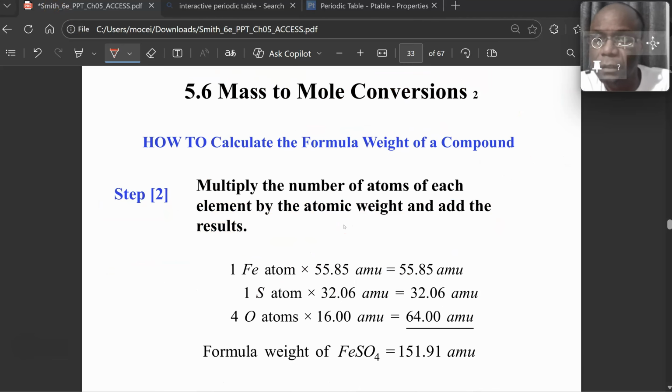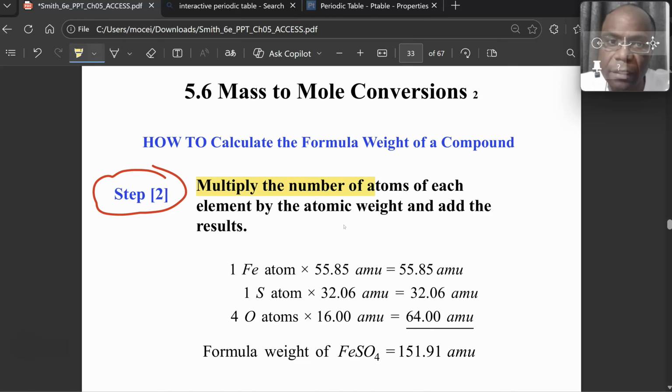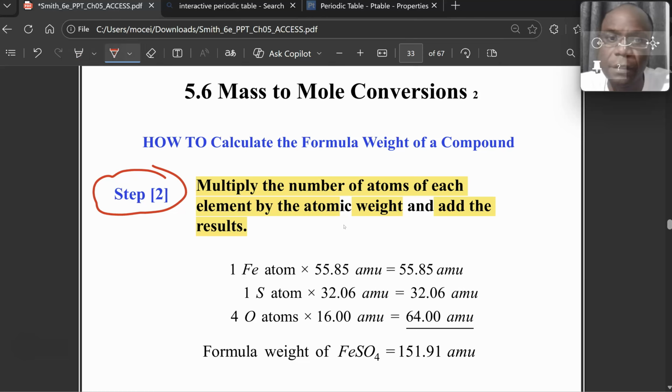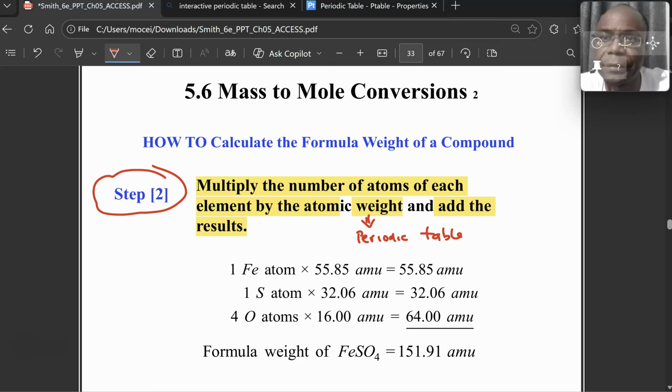Okay. The second step wants us to multiply the number of atoms of each element by the atomic weight found in the periodic table and add the results. This atomic weight is read from the periodic table. So when doing this, you have to use a periodic table.